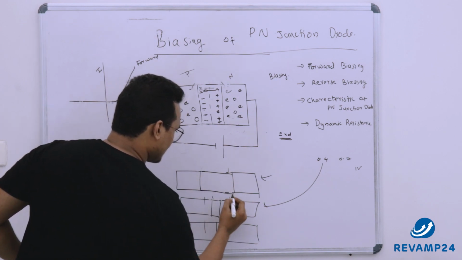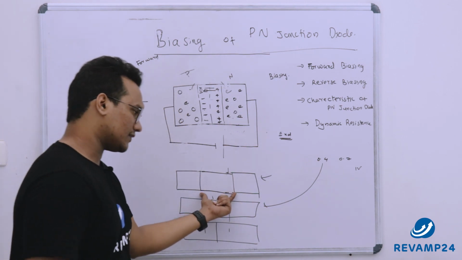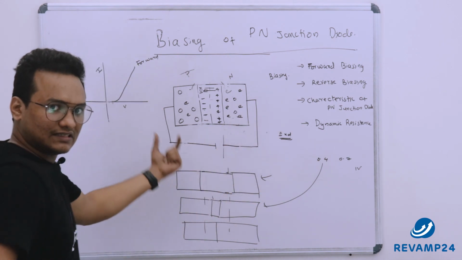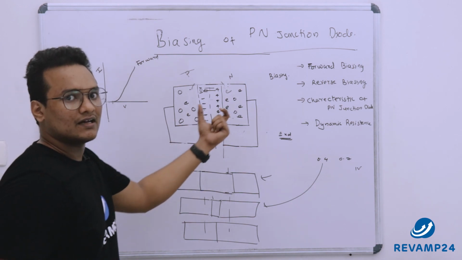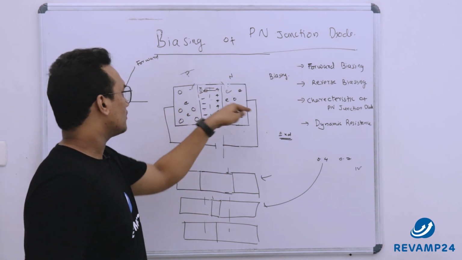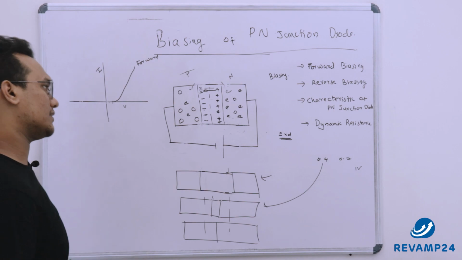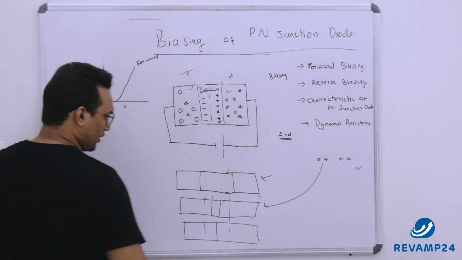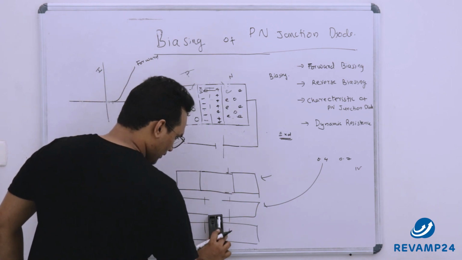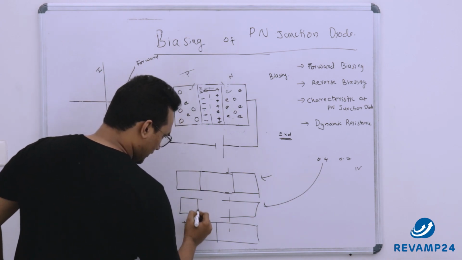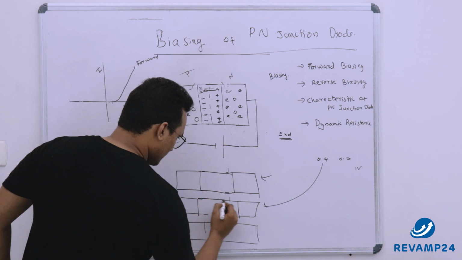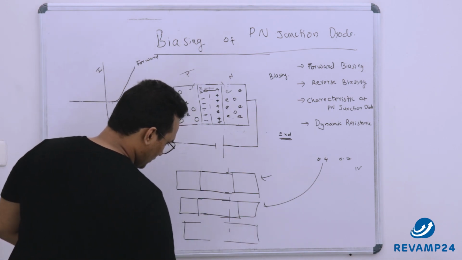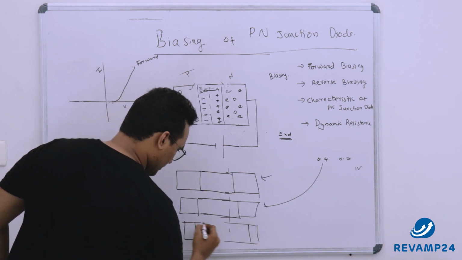So the higher the thickness of the depletion region, the higher would be the resistance, because the depletion region offers opposition to the movement of current or movement of charges. Okay, now I am increasing the value to 0.4 volt. What will happen? Again that would increase. See, can you see one thing? At 0.7 volt, the depletion region will now increase.